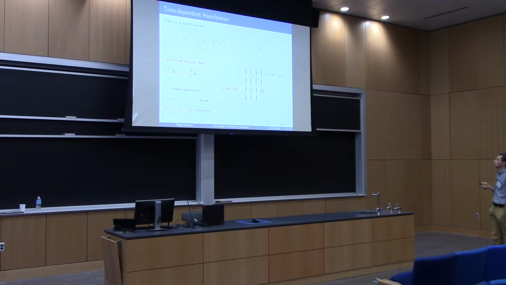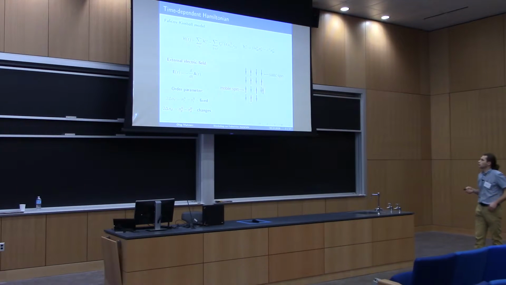One term is the Coulomb interaction between mobile and localized electrons on one site, and the kinetic term describes the hopping of itinerant electrons from site to site. Then we put this system into an external electric field, and we include the interaction with that external electric field by Peierls substitution in the hopping matrix.